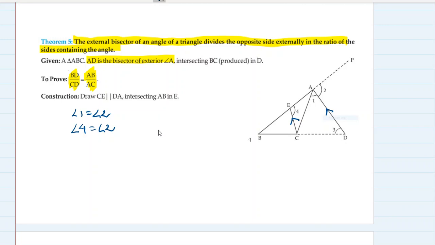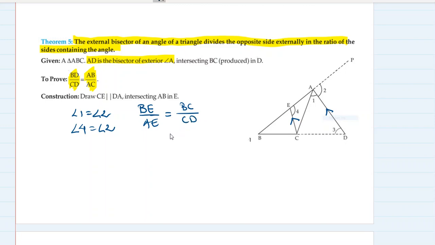Beyond this, I cannot see any angle relation. Let's apply BPT. So BPT says that BE upon AE is equal to BC upon CD.